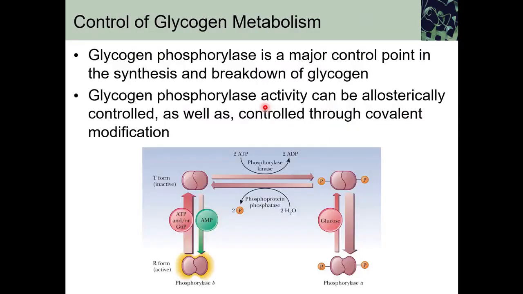Now we ask ourselves a question: how do you control the metabolism of glycogen? Because glycogenolysis is the breakdown of glycogen, while glycogen synthesis, or glycogenesis as we call that, is the synthesis of glycogen from glucose 1-phosphate. So these are two exactly opposite pathways, two exactly opposite processes.